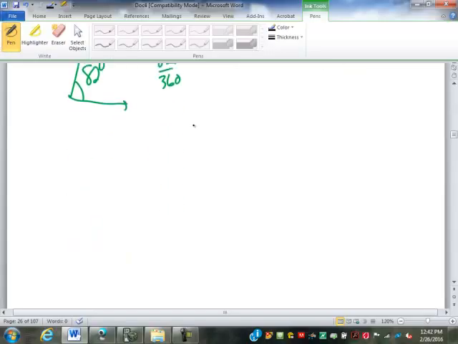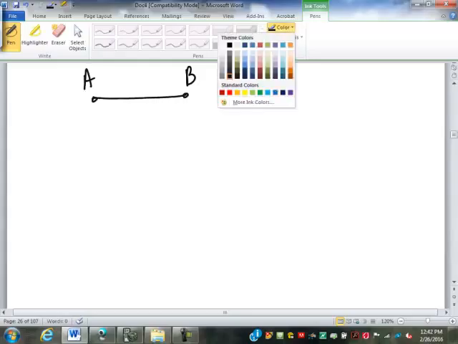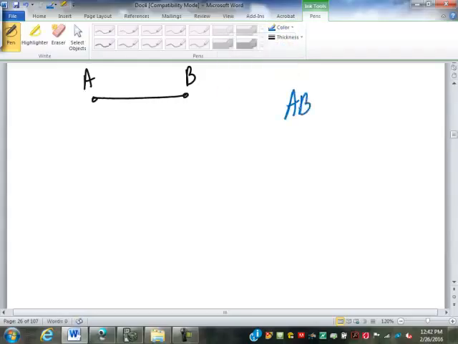So anyway, other notation we can have. This, of course, is a line segment again, or a line. We'll use the word line, but it really is a line segment. If I were going to name it, I would name it like this. That is saying segment AB.